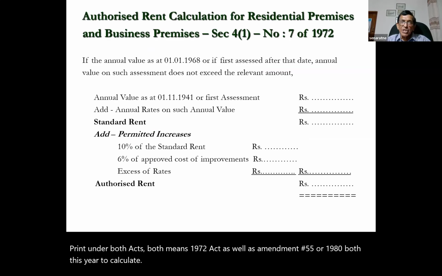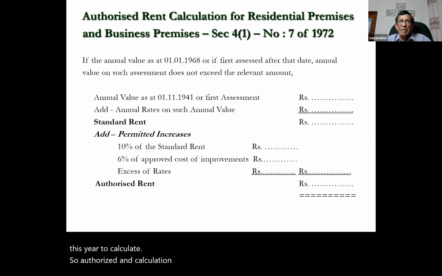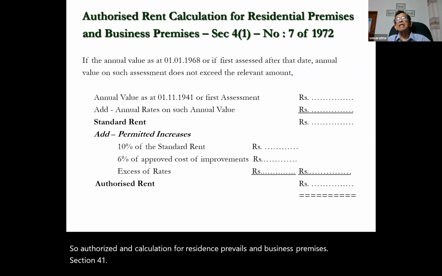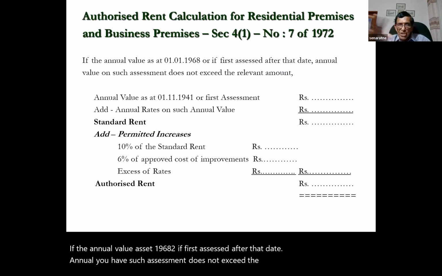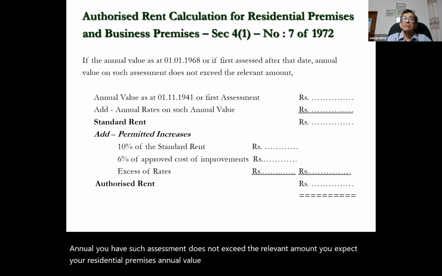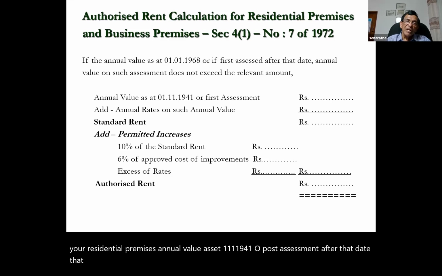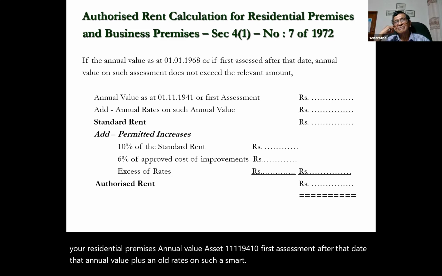So, authorized rent calculation for residential premises and business premises, Section 4.1, line number 7 of 1972. If the annual value as at 1/11/1941, or if first assessed after that date, the annual value of such assessment does not exceed the relevant amount with respect to residential or business premises, you take that annual value plus annual rates on such assessment. Just look at this.